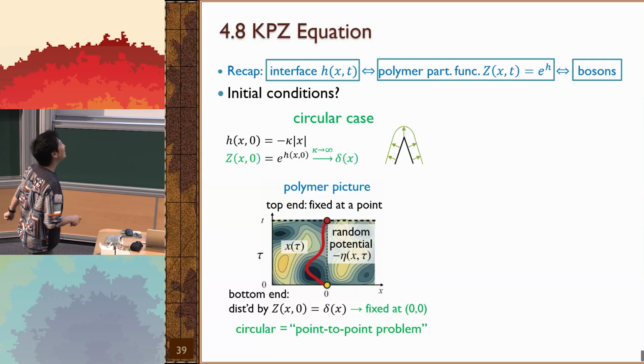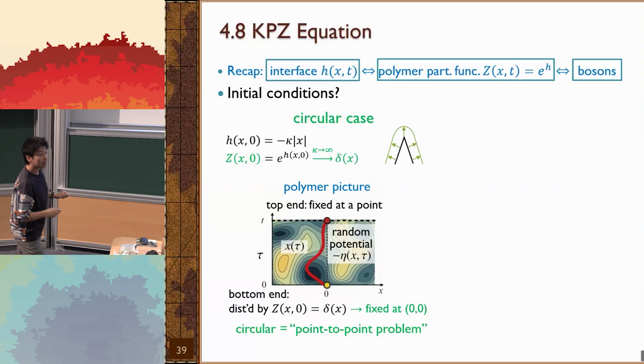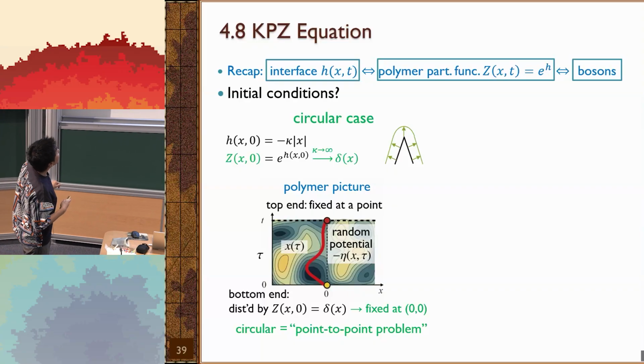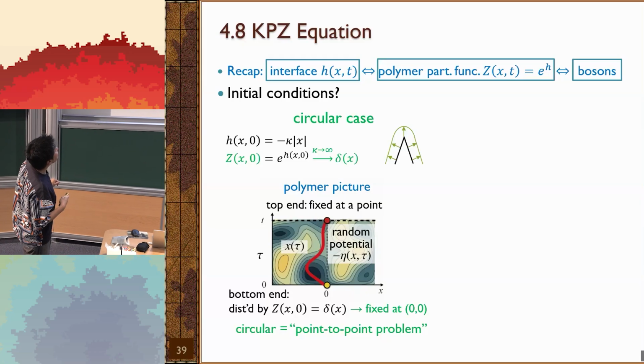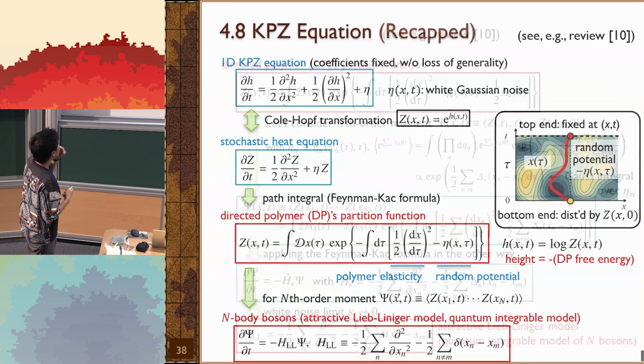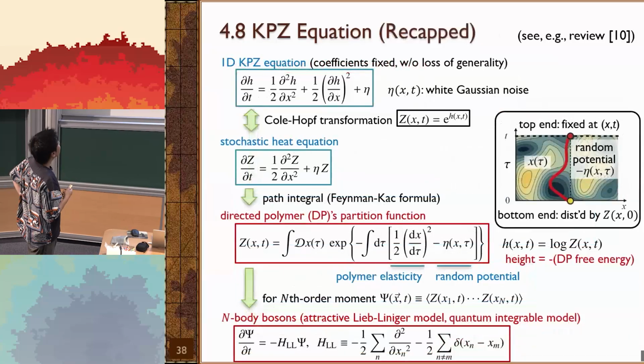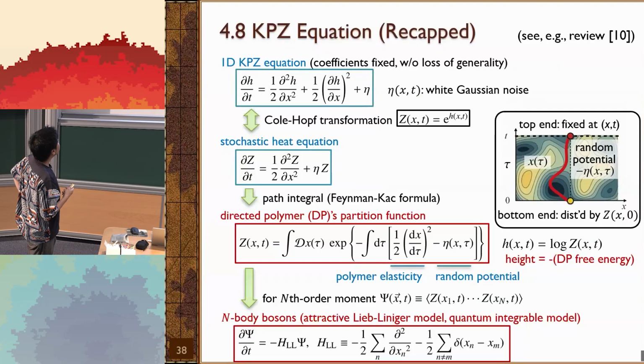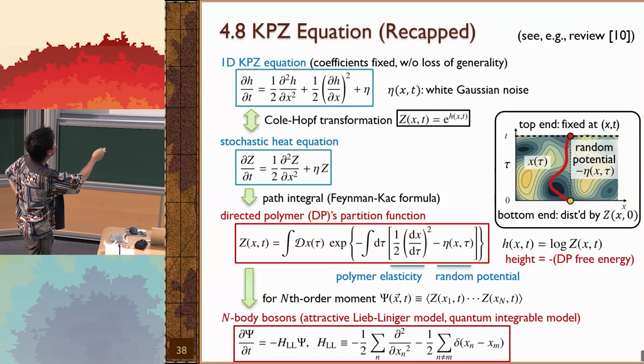Okay. Yeah. Sorry, can you please comment, when you write down bosons, where exactly do we see that the statistics is bosonic? Well, we have many x.